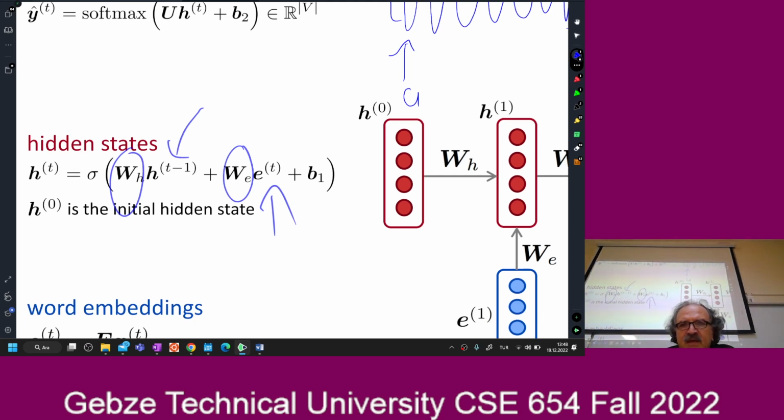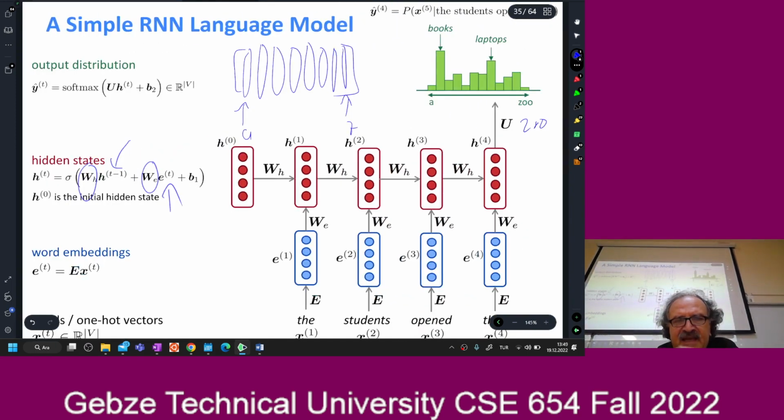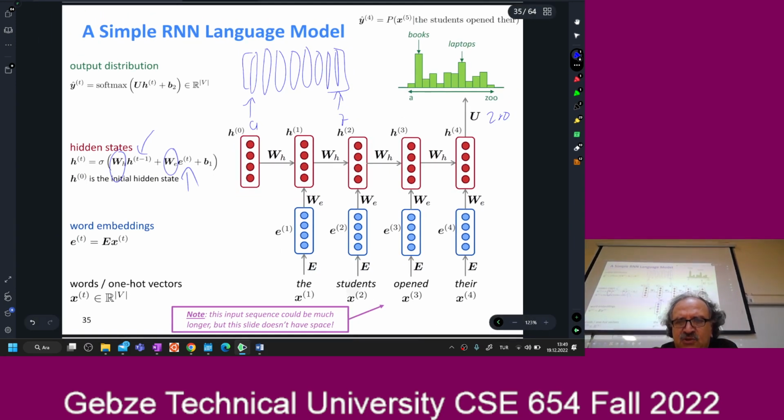H0 is usually the initial hidden state. Can you tell me what H0 could be? In this case, the students opened there, and this one is supposed to be either books or laptops. I don't know what the inputs are. What kind of data can I include in H0?